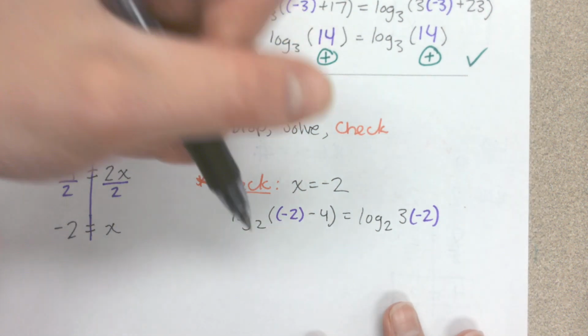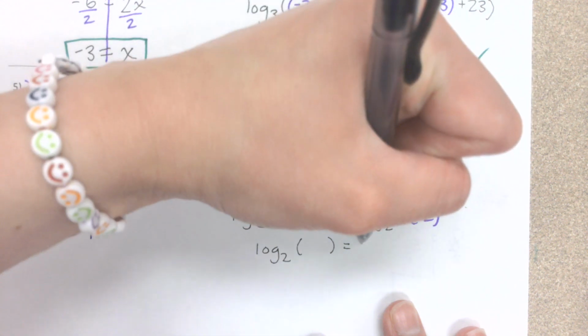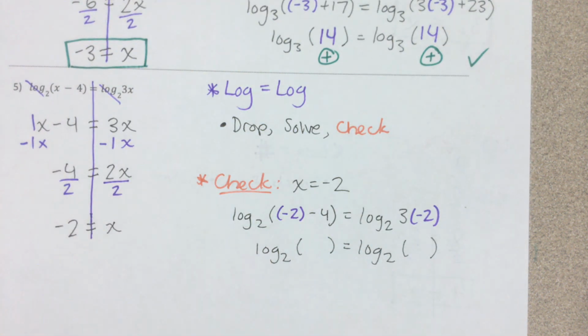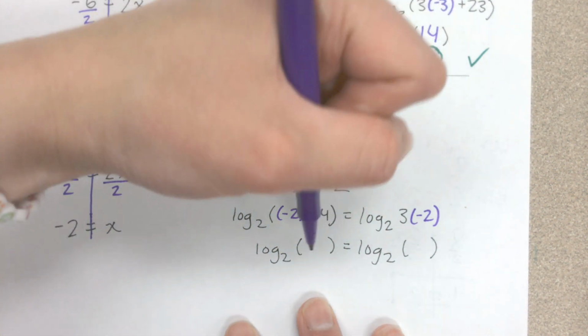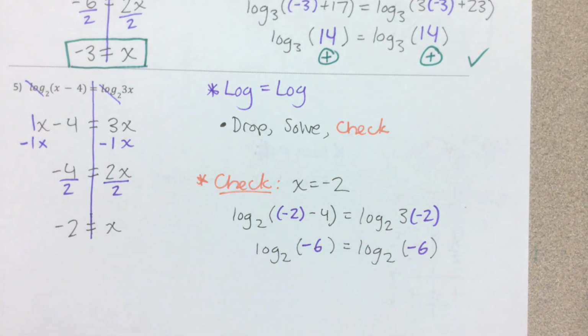And then we need to get both of those numbers. Log base 2, log base 2. I'm not going to use a calculator for this. I'll just talk through the calculation. Negative 2 minus 4, negative 6. 3 times negative 2, negative 6.